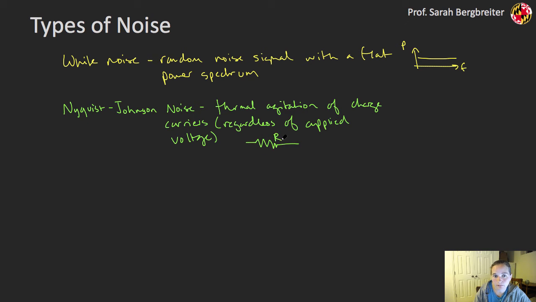So a very common example of that is our resistive sensors. If you have a resistor with resistance R, then I can effectively consider that a resistive sensor with resistance R in series with a noise source Vn with a bar over it, kind of indicating a mean noise level.